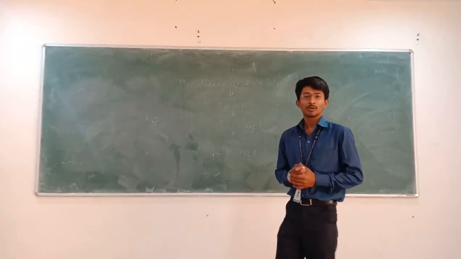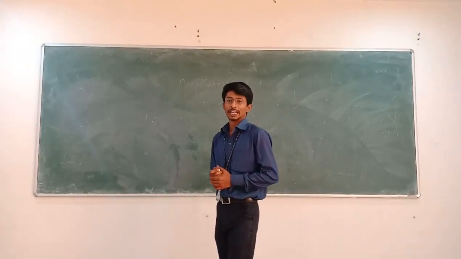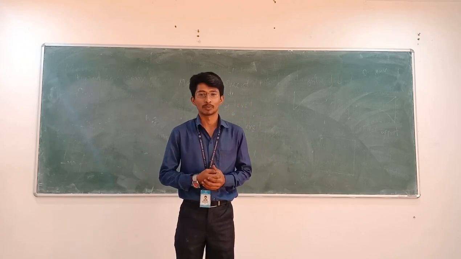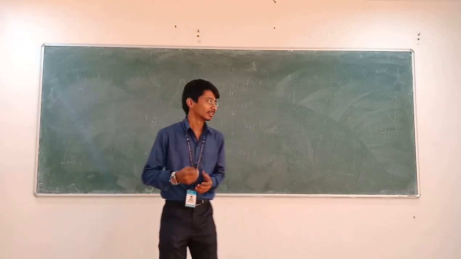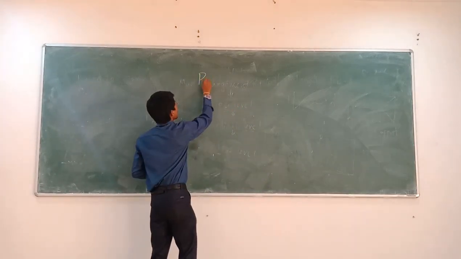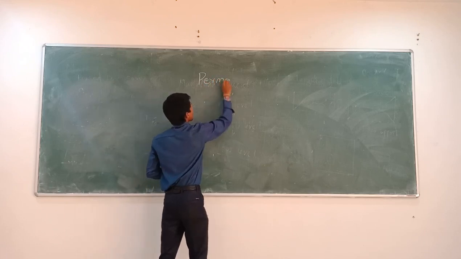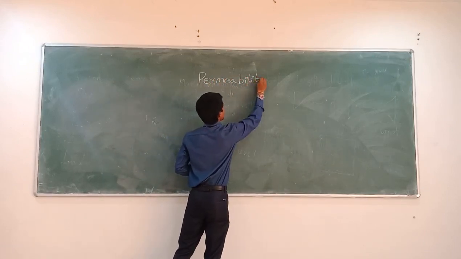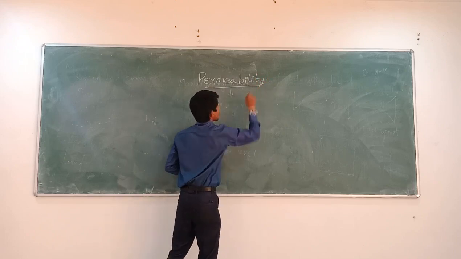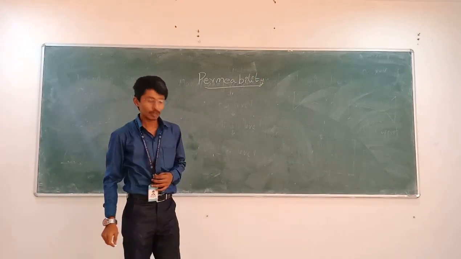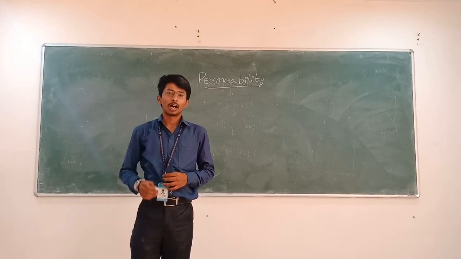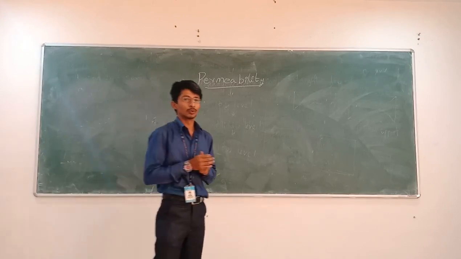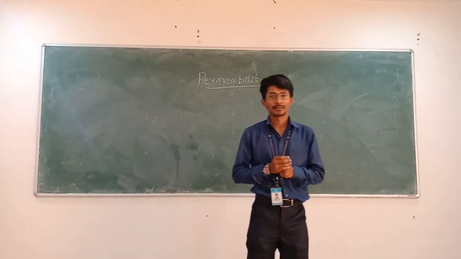Welcome. Now we are going to deal with an important soil property, that is permeability. Before I start with the permeability, I want to be clear to you what permeability means.